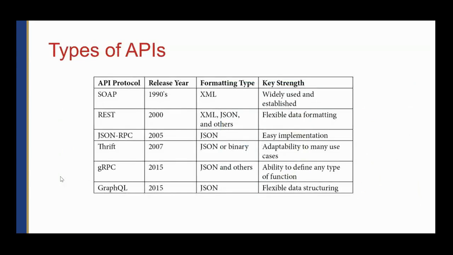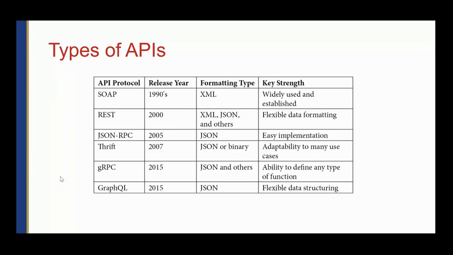Some of the types of APIs are depicted here. There are different types of APIs. They include REST APIs, which are the most common in machine learning operations. Each period of time has had some API protocols, and most of them use JSON, JavaScript Object Notation; in the early stages they used XML.